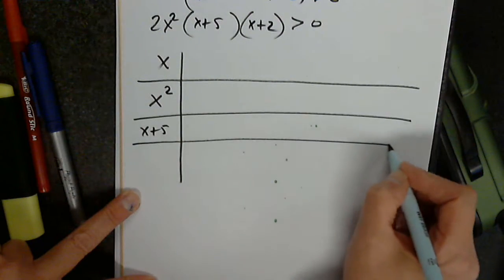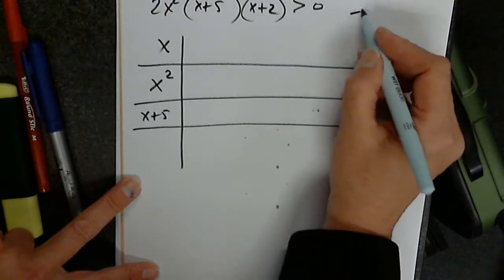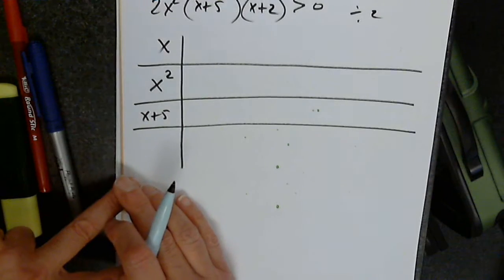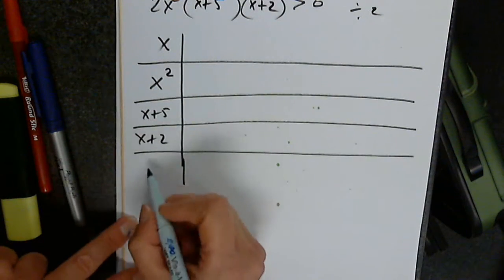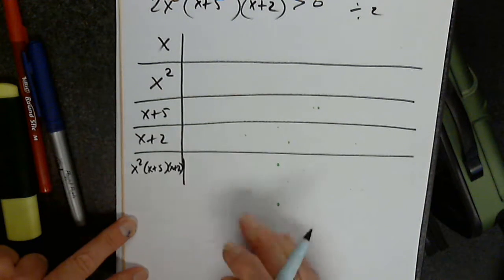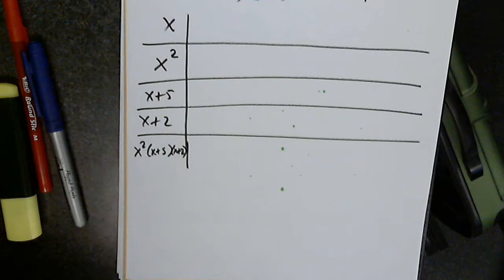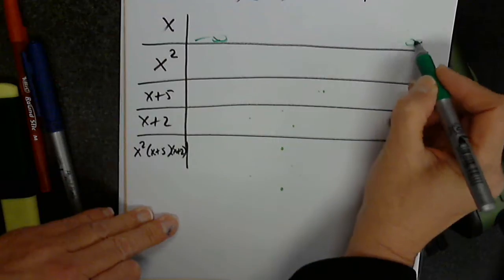X plus 5 is another. You can divide both sides by 2 and 2 is gone. And x plus 2. And the product: x squared, x plus 5, x plus 2. Okay. So can you please tell me where, so x is the variable in the problem.